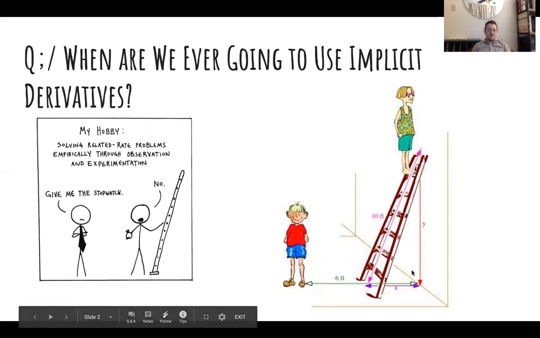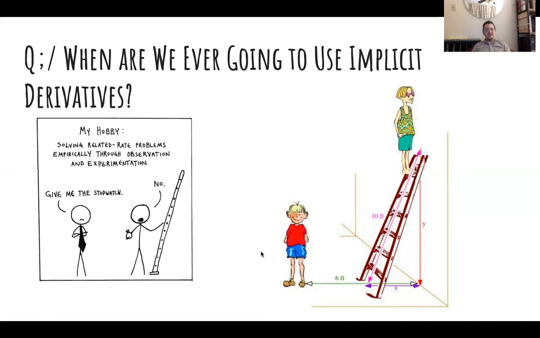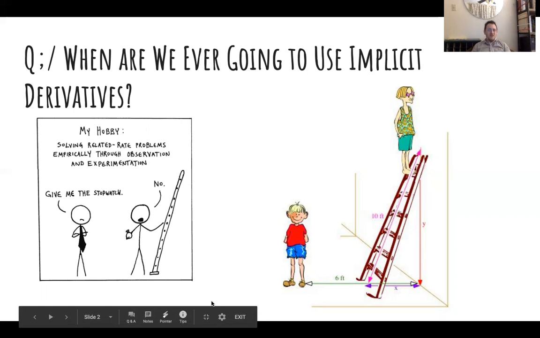You use trig or the Pythagorean theorem to solve it. And imagine that some mischievous, greedy person wants to push the person that's on the ladder, and the ladder starts moving down the wall.